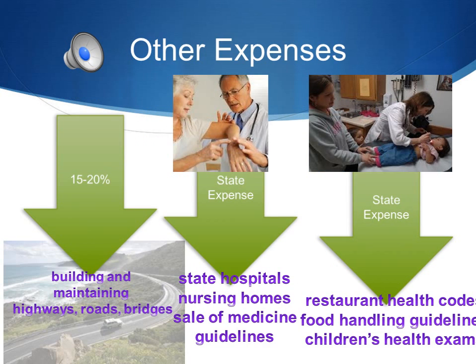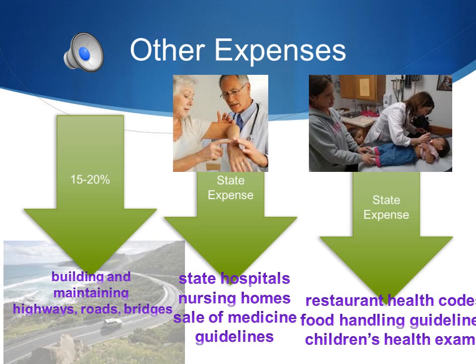So let's go into more detail about the other expenses. Usually in most state budgets, though they vary, 15 to 20% of the budget goes towards building and maintaining highways, roads, and bridges. So taking care of our network of transportation.